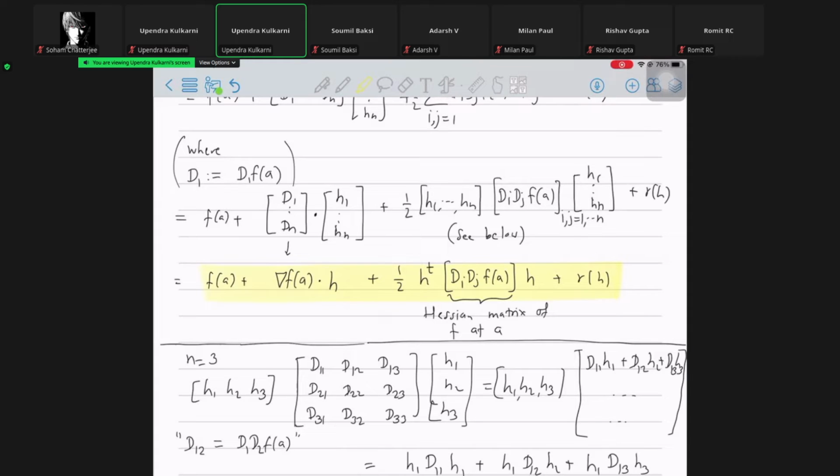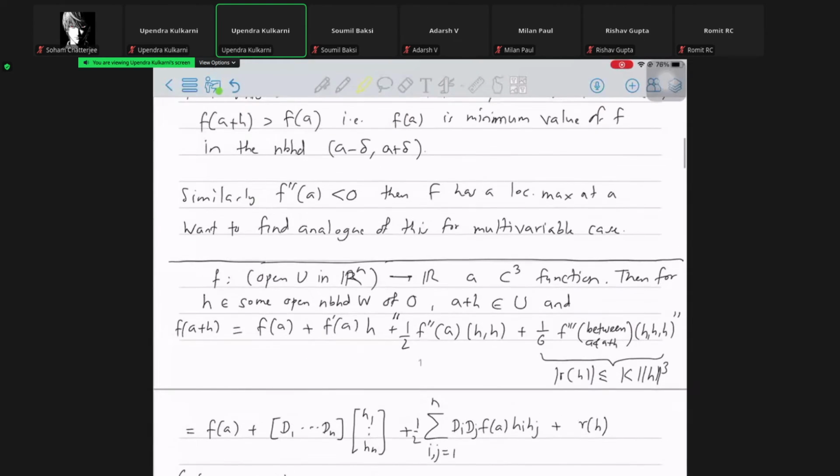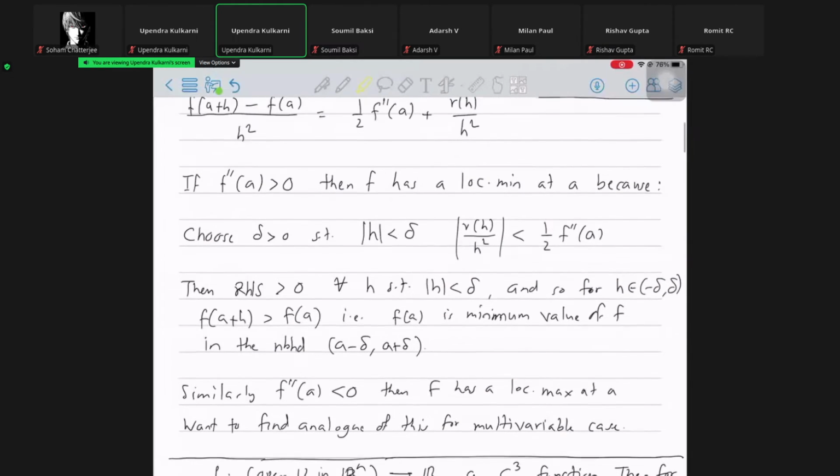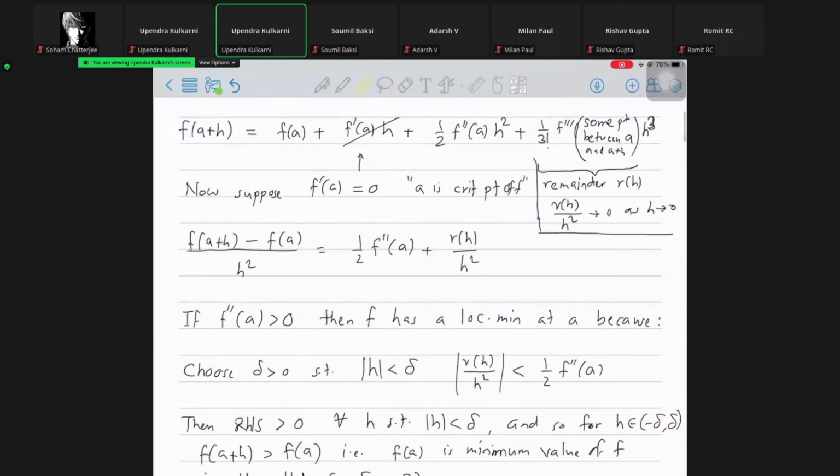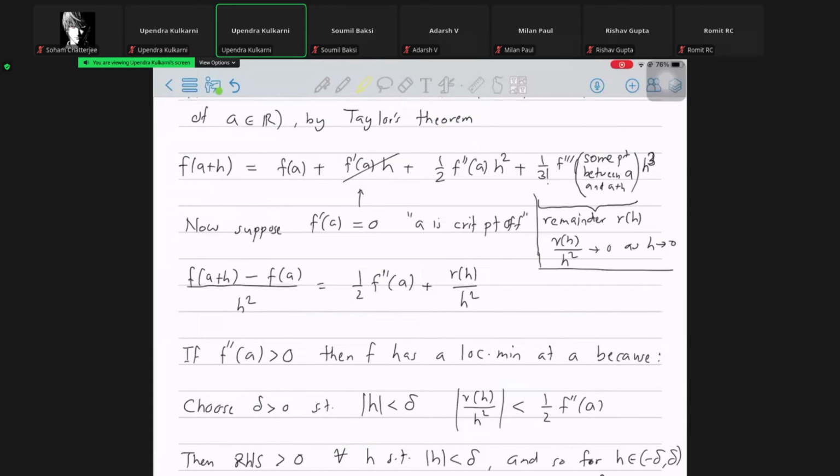So I do the proof in exactly the same way that I did for the one variable piece. That half of f double prime of a, instead of that, I have the Hessian, but when I'm evaluating the function, really that Hessian I have taken multiplication on one side by some vector v, and on the other side by the transpose of the same vector v. I know that such a term is positive, always. So am I done with the proof?